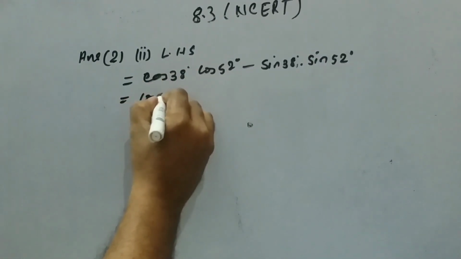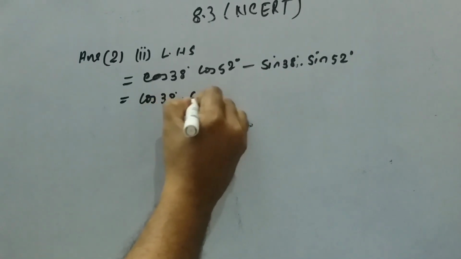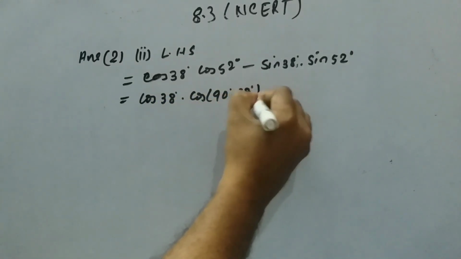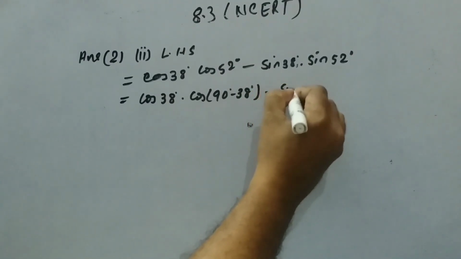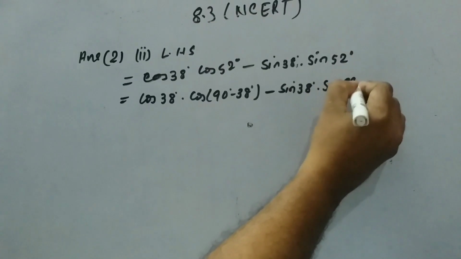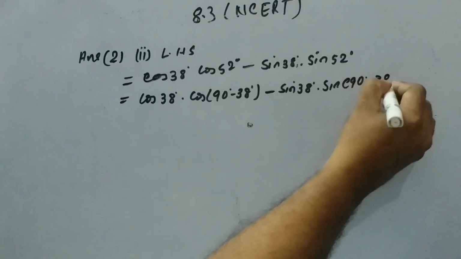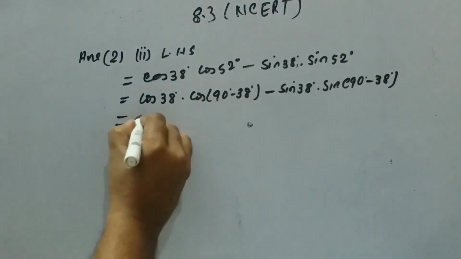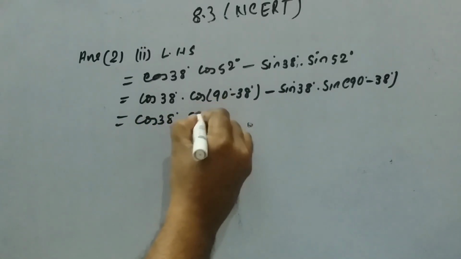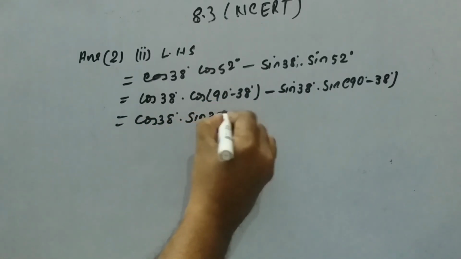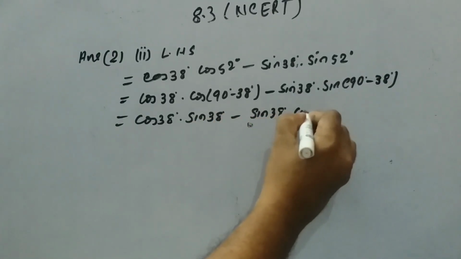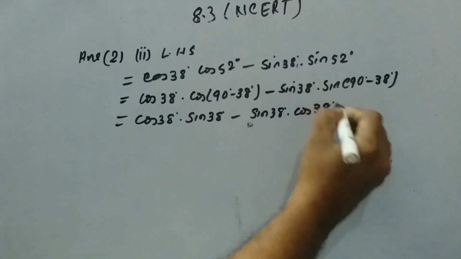So this will be written as it is, and this is cos of 90 degree minus 38 degree, and this is also sine 38 degree and sine of 90 degree minus 38 degree. This is cos 38 degree and this is sine 38 degree. Sine 38 degree and cos 38 degree.